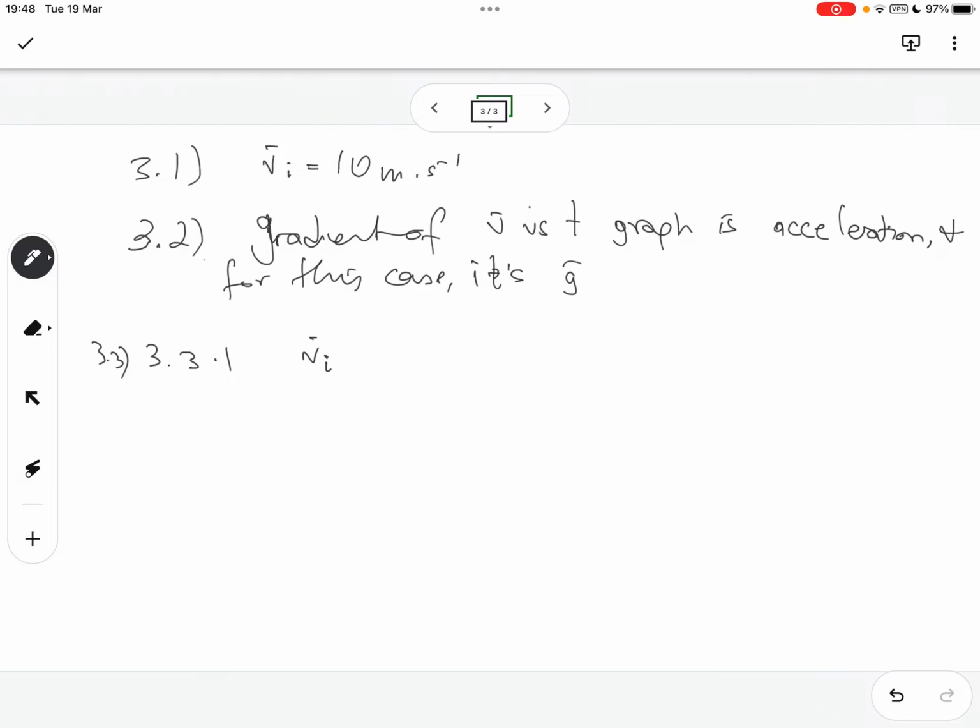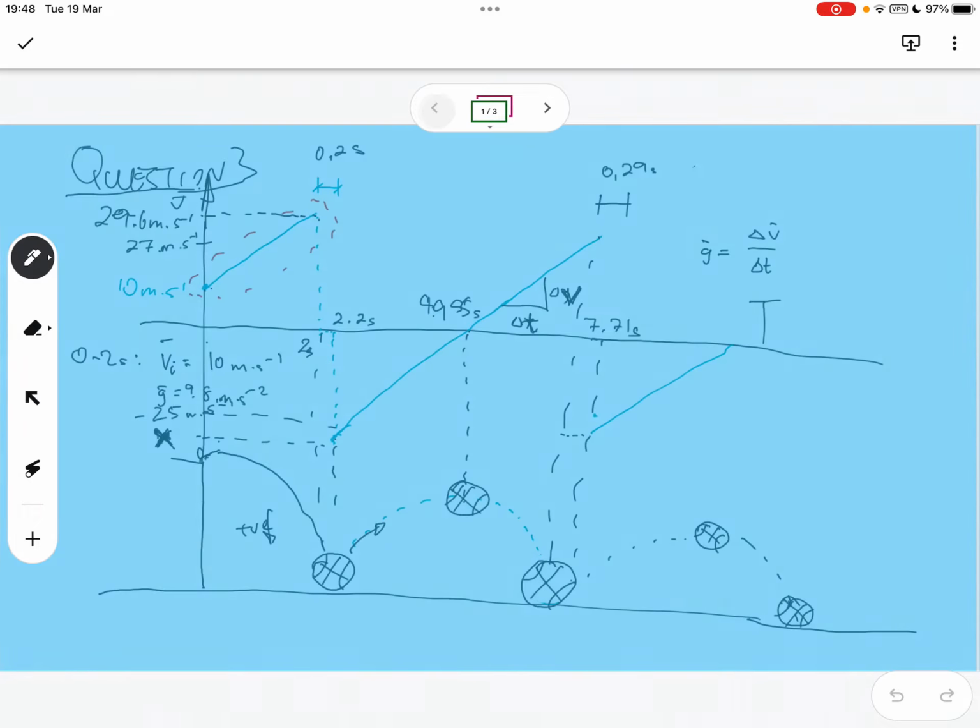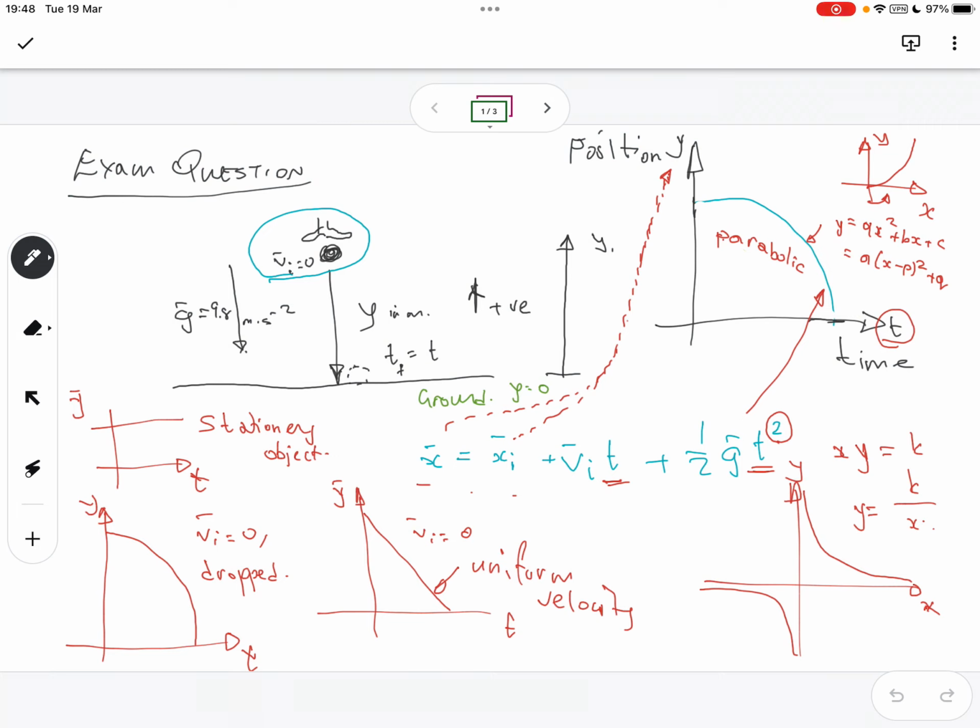So 3.2. We've got initial velocity. It's this one that we learned the other time. The displacement is equal to initial velocity times change in time plus a half gravity something squared.